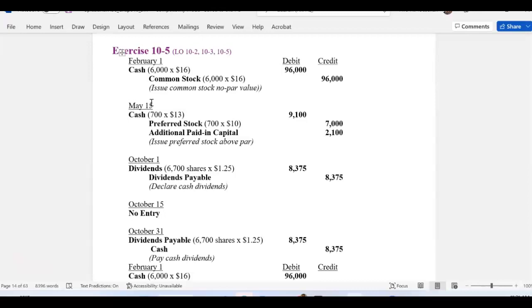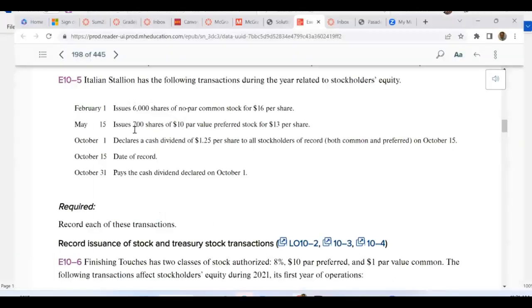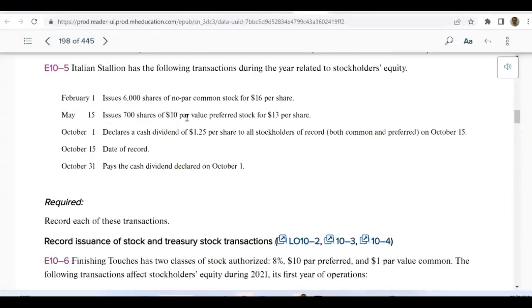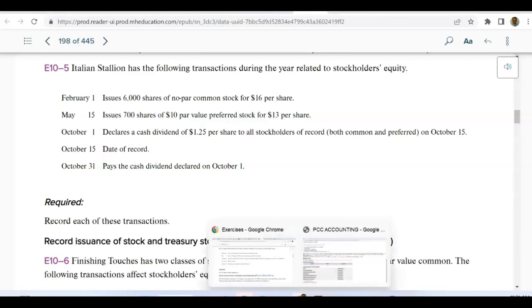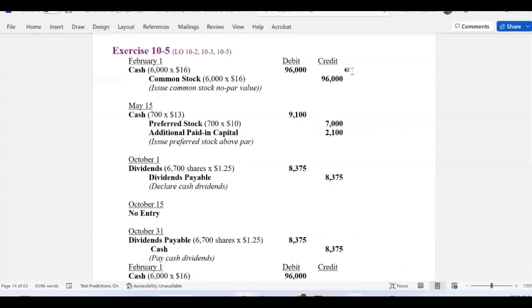On May 15, they issued preferred stock above par. The par is $10, and they issued it for $13. So it's above par, 700 shares. 700 shares times $13 will be $9,100, right?